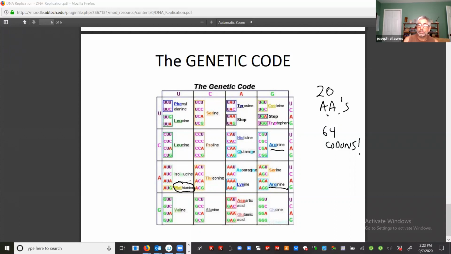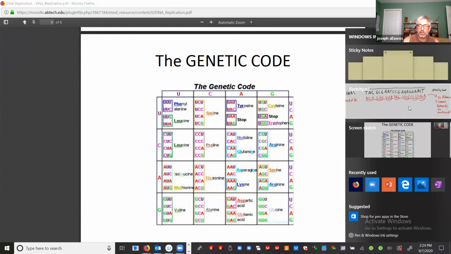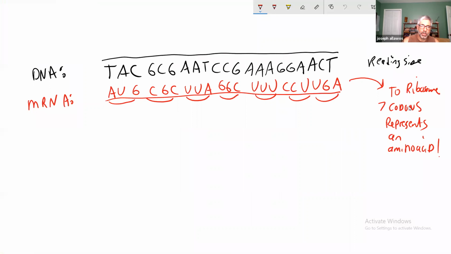So our first codon, AUG, represents methionine, and we can go back to our sequence and write MET right here. This is the protein that we're making.